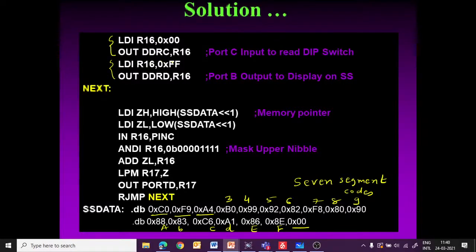LDI R16, 0xFF, and R16 we are transferring to DDRD. I have made a mistake here, I have written port B, but it should be port D, right? This is wrong. Port D is the output to display on a 7-segment display, because we have connected the 7-segment display on port D, so for that purpose port D will be the output port.